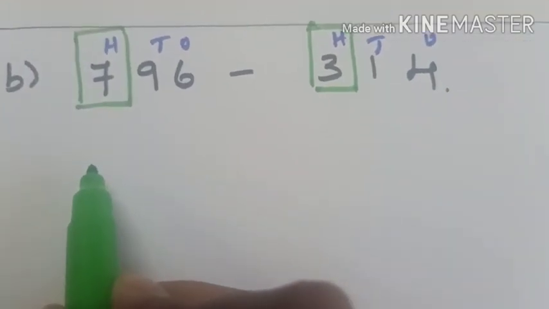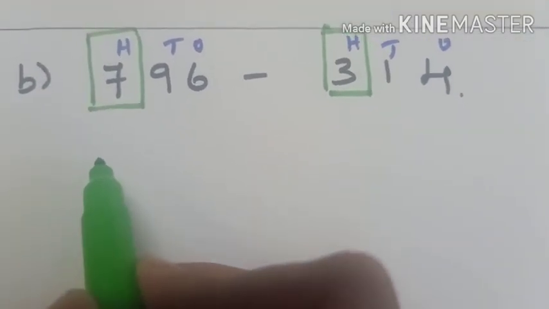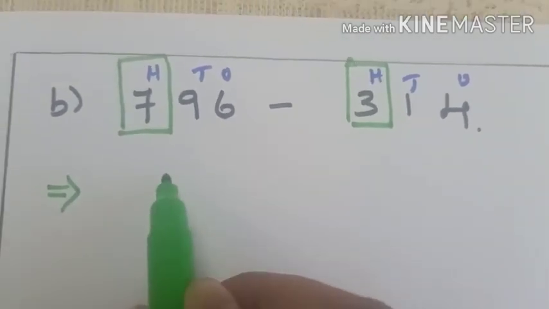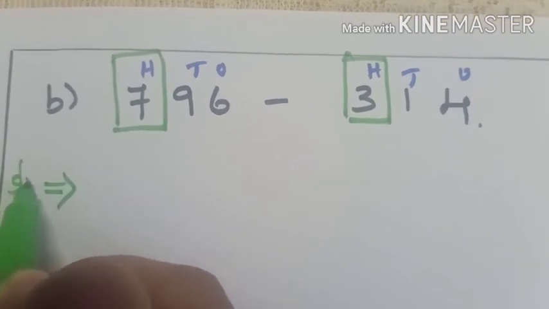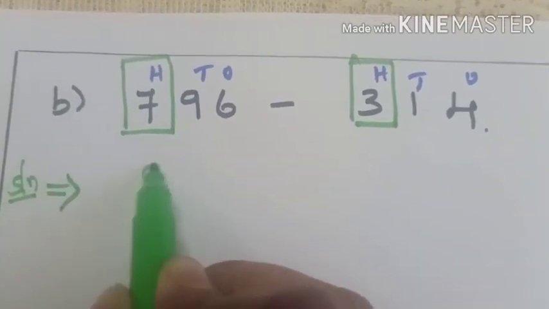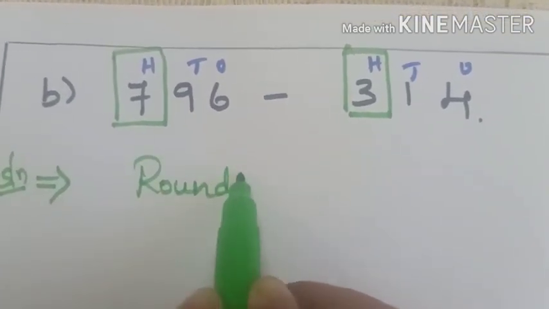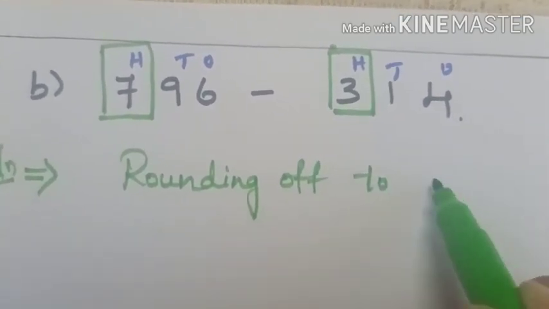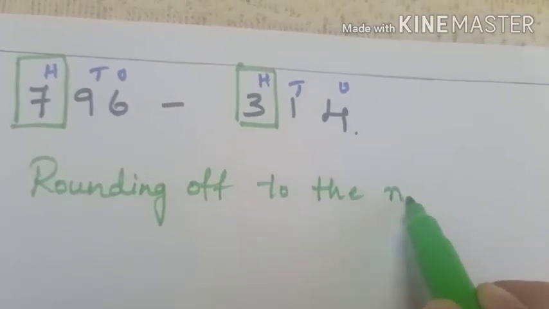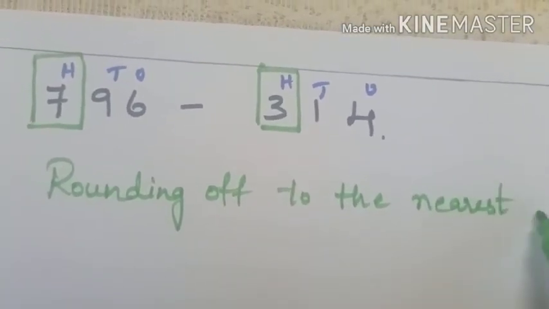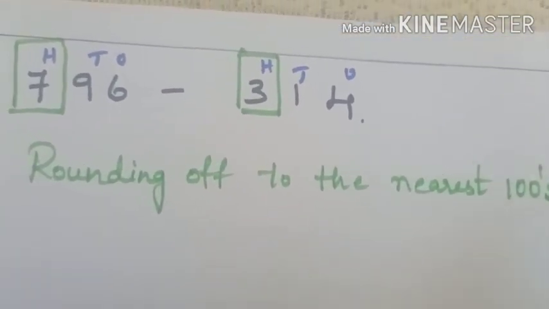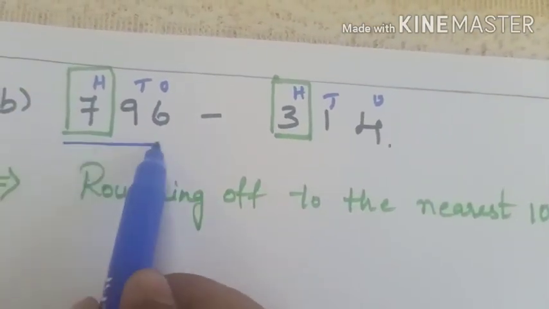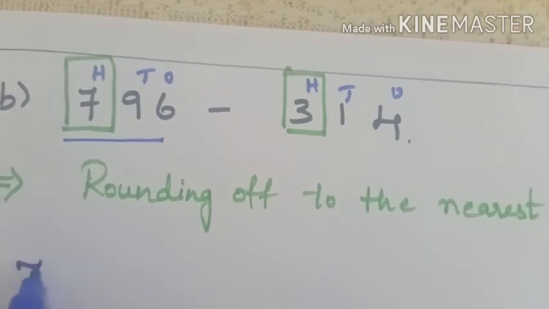So we have to round off to the nearest hundreds. In this solution, write down rounding off to the nearest hundreds. Fine. Now take the first number, 796.